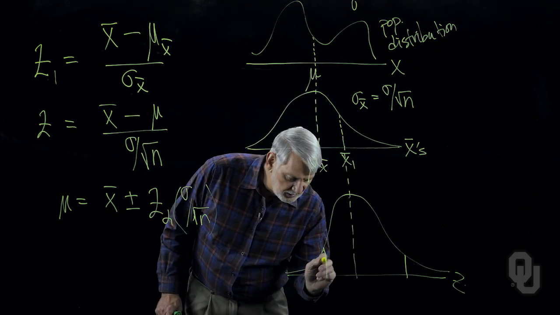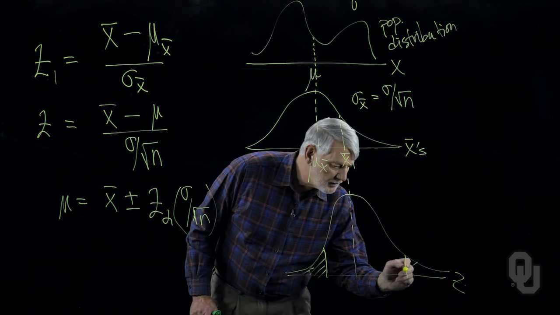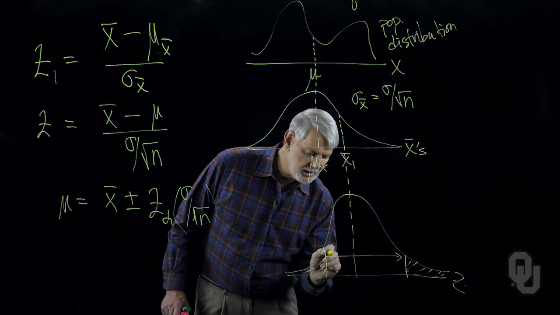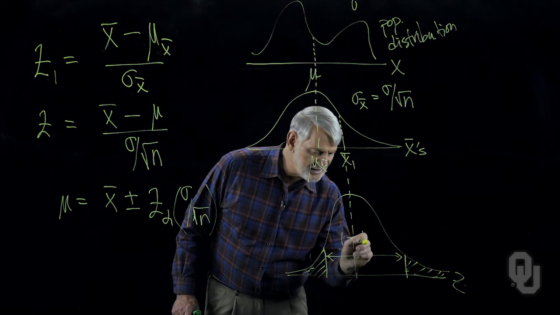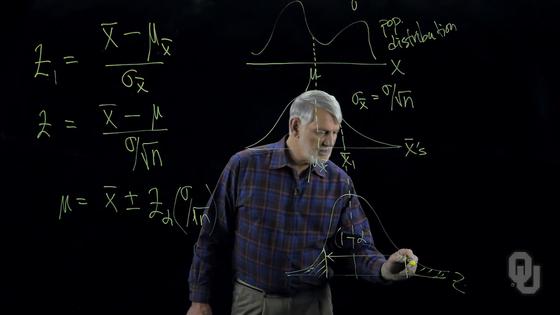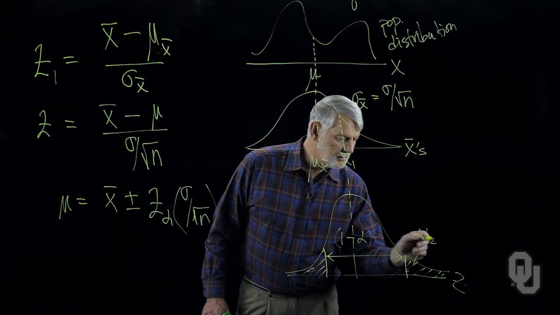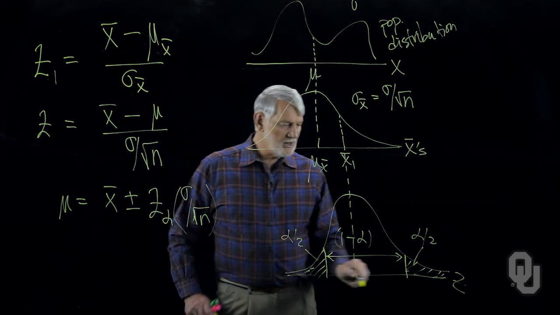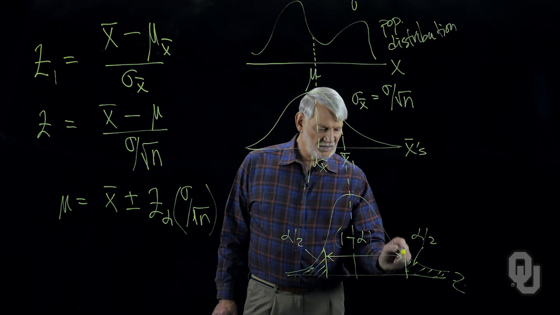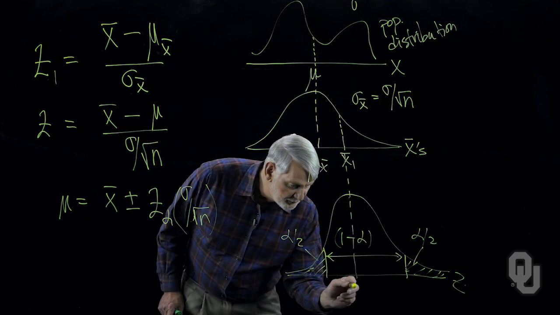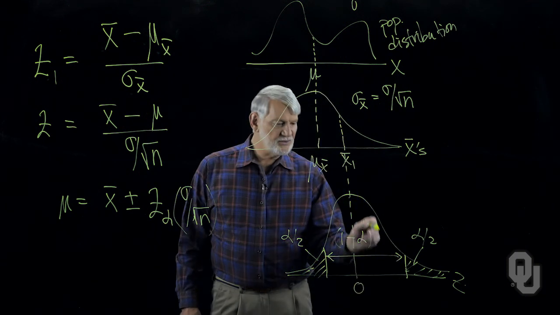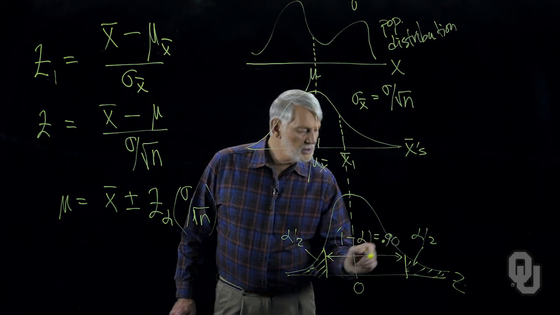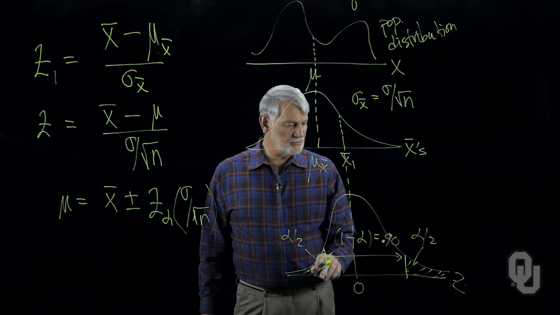This is going to be the confidence level between here and here, which is called 1 minus alpha. We take half the alpha and put it over here, half the alpha and we put it over here, and we find our confidence level by putting, if this is, let's say, 90%, 0.90, we call that a 90% confidence interval.